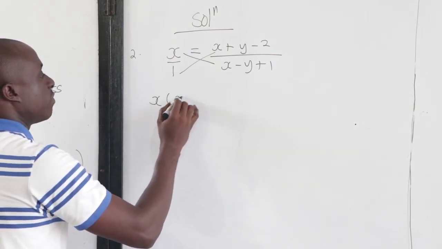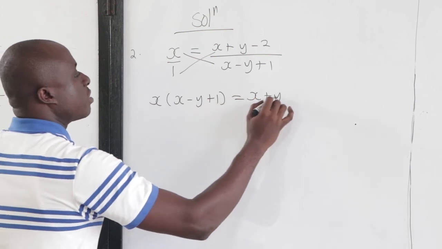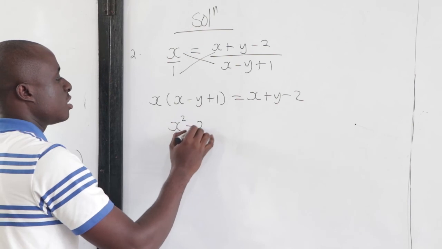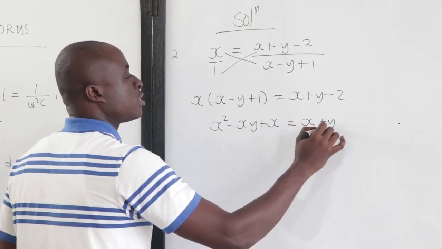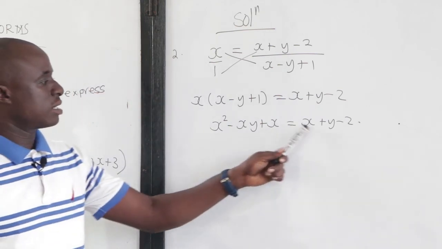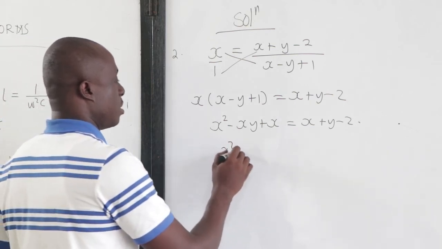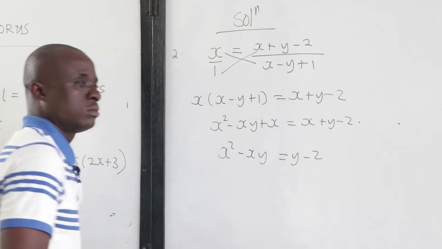We have x times (x minus y plus 1) equal to x plus y minus 2. Expanding, x squared minus xy plus x equals x plus y minus 2. Now clearly there's x on both sides, so this x and x will cancel out. So we have x squared minus xy equal to y minus 2.